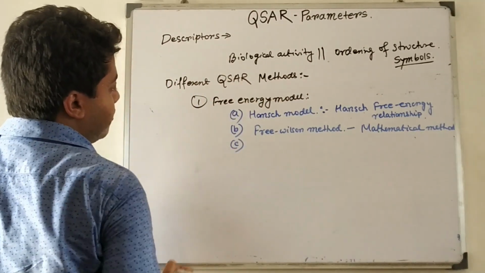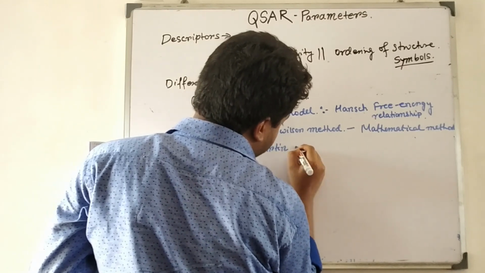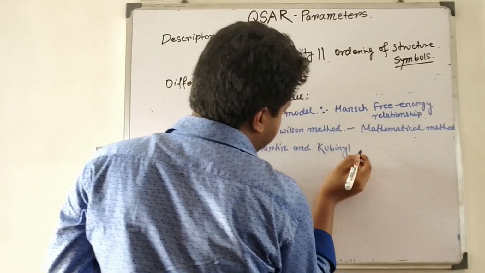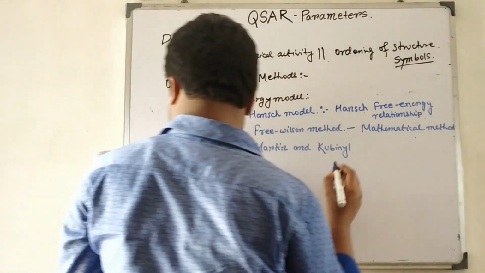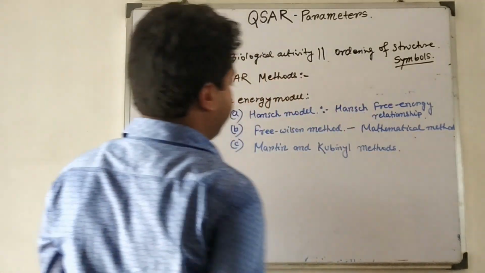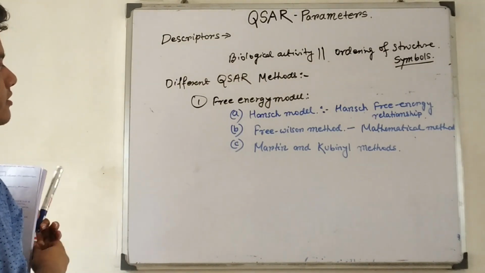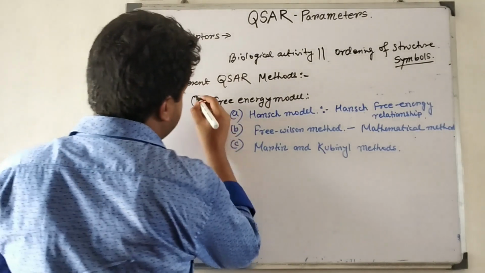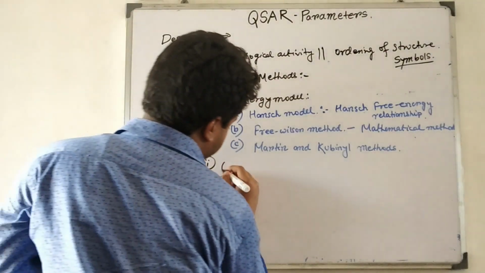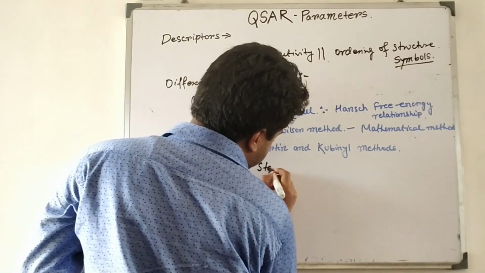And another one is the Martin and Kubinyi method. Another is other statistical parameters. Second one is other statistical methods.